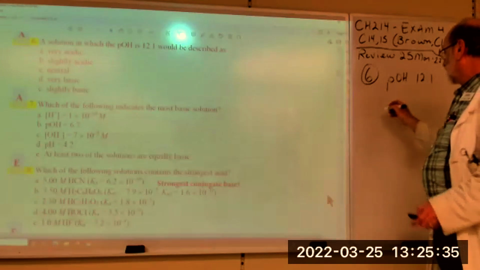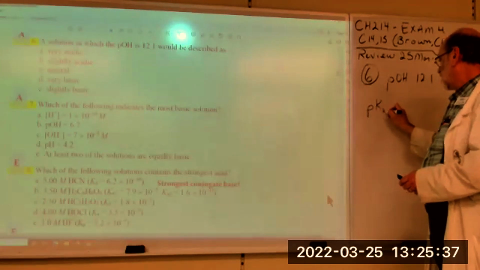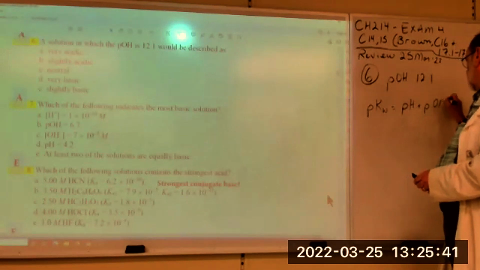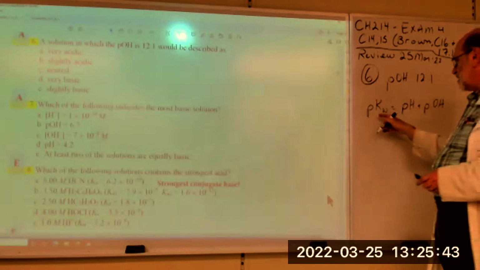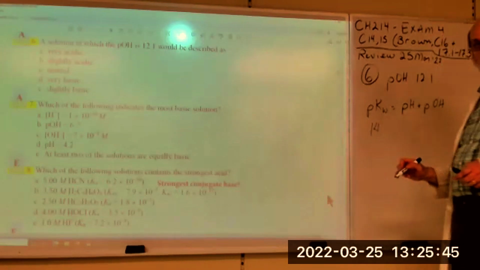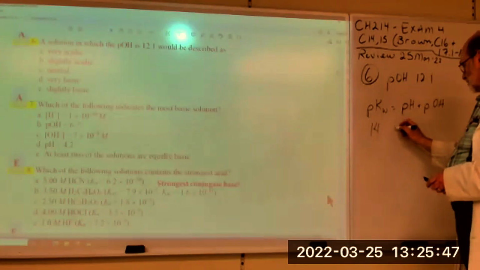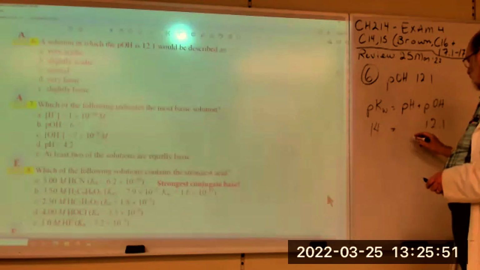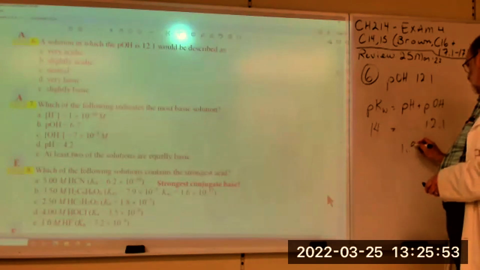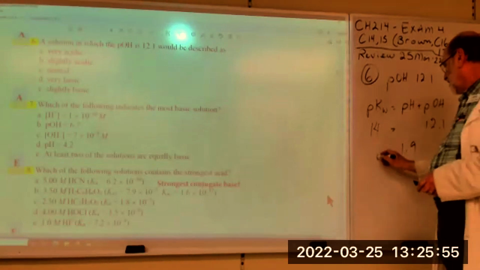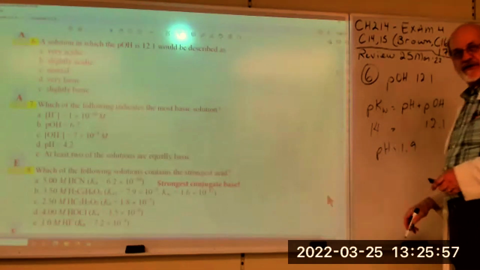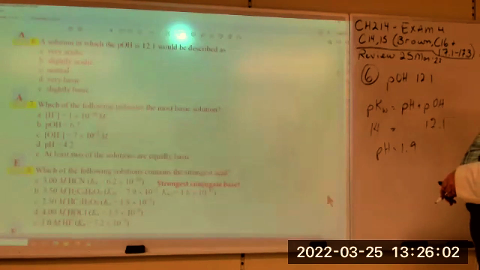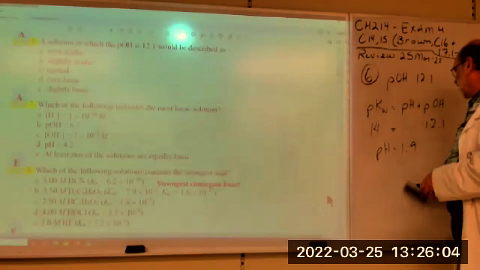Okay, remember pKw equals pH plus pOH. pKw is 14, that's for water. And if this one is 12.1, then pH would be 1.9. That looks pretty acidic to me. That's why the answer is A, very acidic.